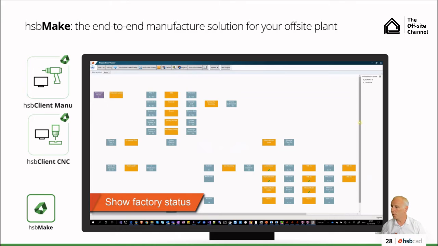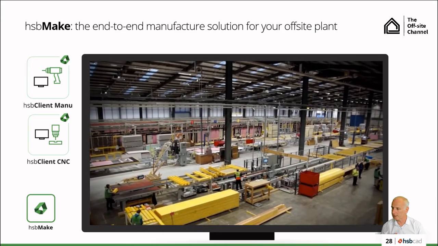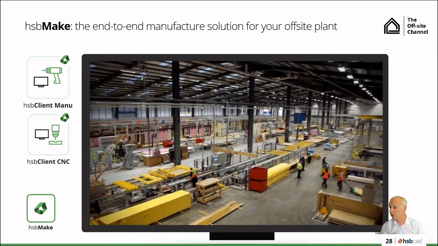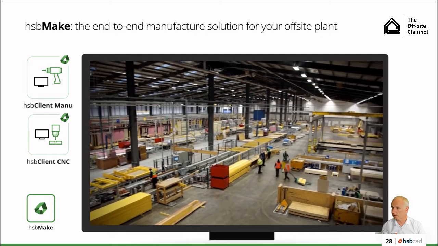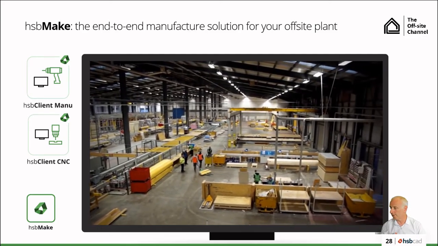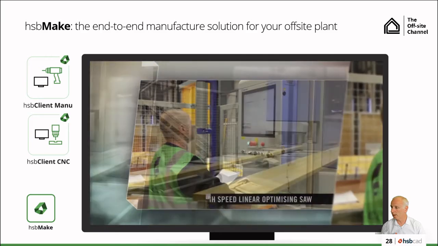This is an overview of the entire factory process and be able to see what happens at each station. And that representation would be typical of a factory, something similar to this, where you would be able to see what would be bottlenecking in a factory, what would be flowing well.